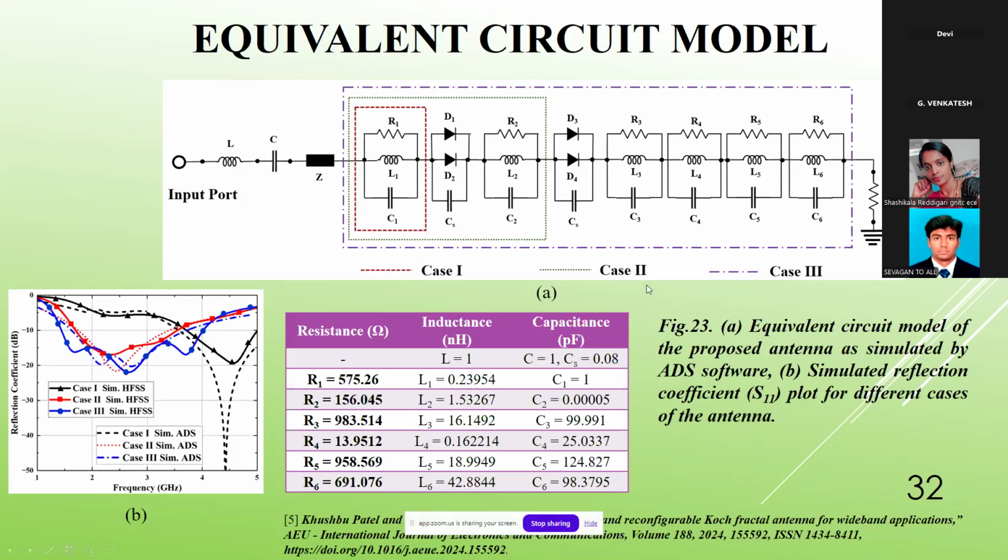And when you go for case 3, again it will be added with D3 and D4, another block. Three more blocks we have considered for further bands or band enhancement. So as a whole, you can see this is the equivalent circuit for case 3, the complete equivalent circuit starting from the input port to the 50 ohm matching line.